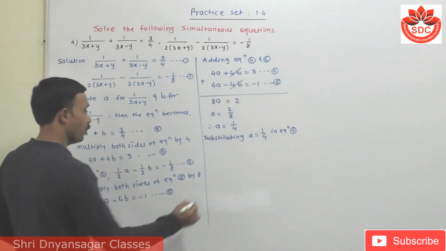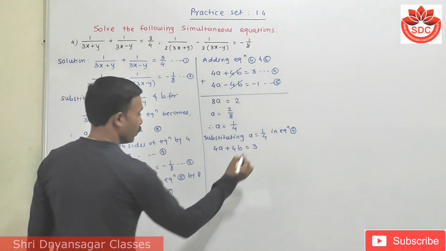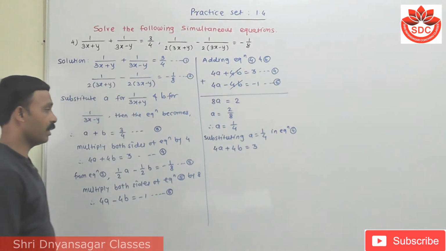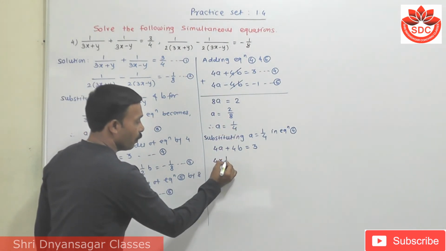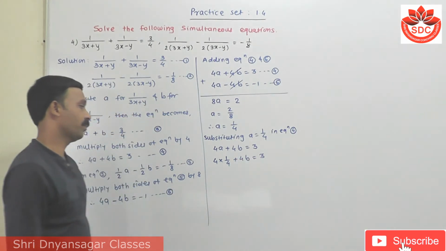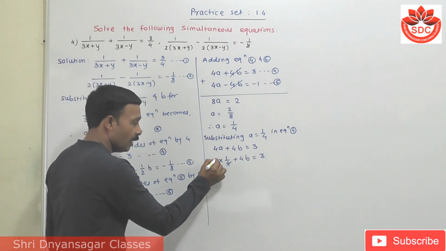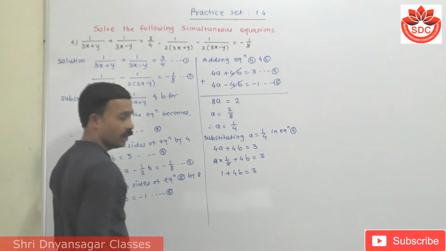Equation 4 is 4a plus 4b is equal to 3. I have to write it again here. Then 4 into a, which is 1 upon 4, plus 4b is equal to 3. This 4 gets cancelled. That means 1 plus 4b is equal to 3.